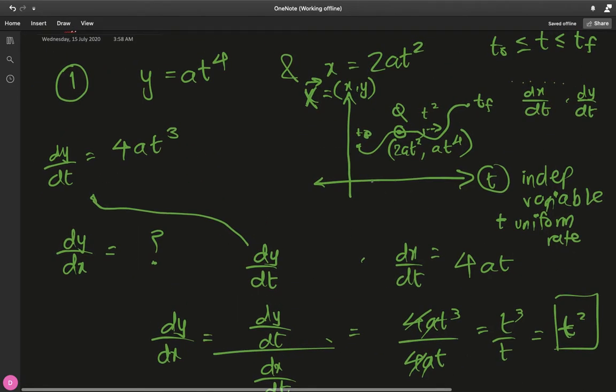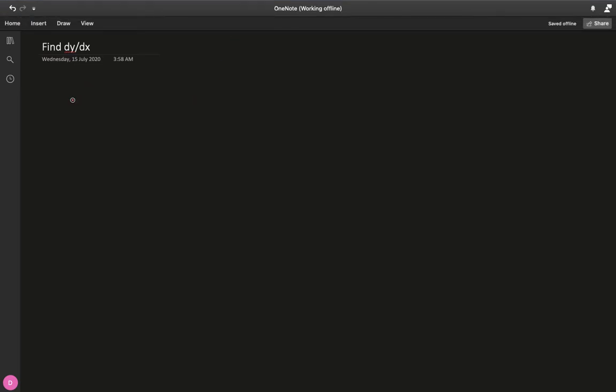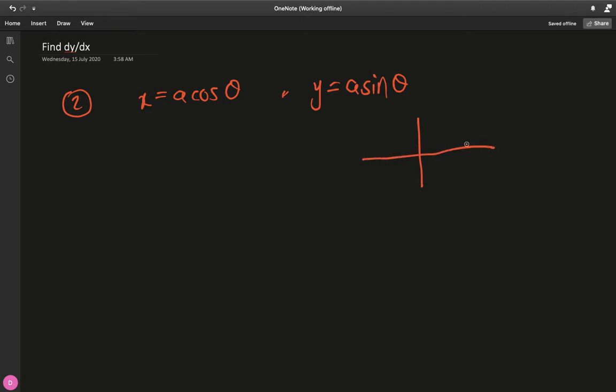Let's do another example. Okay, example 2. We have parameterizations. X is equal to a times cosine theta and y is equal to a times sine theta. And if you want some more perspective, this parameterization results in actually a circle of radius a.